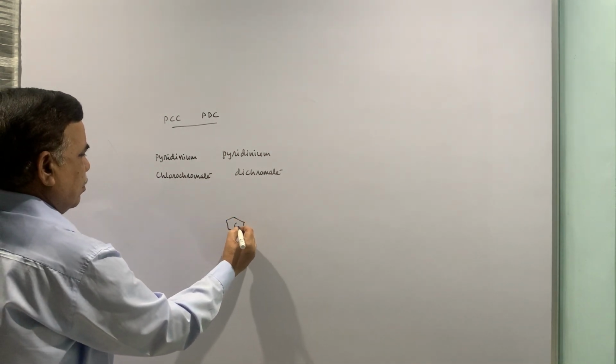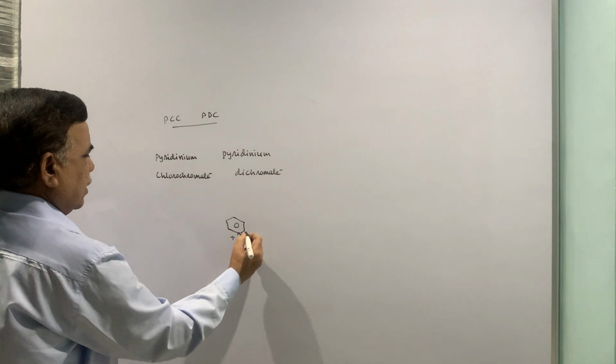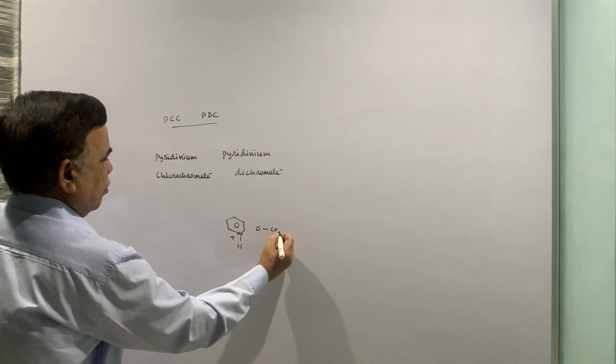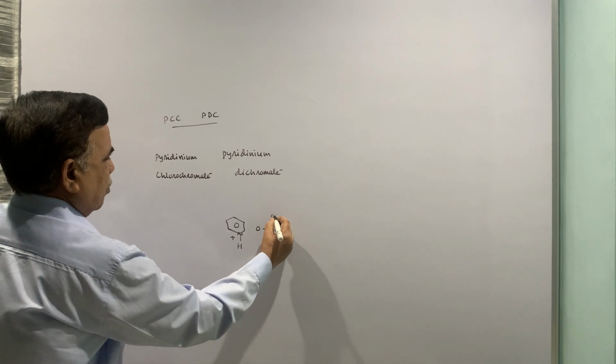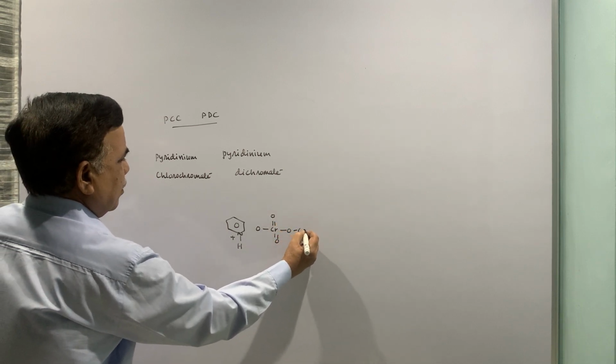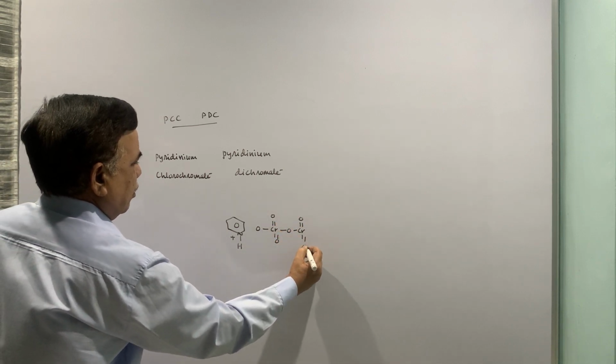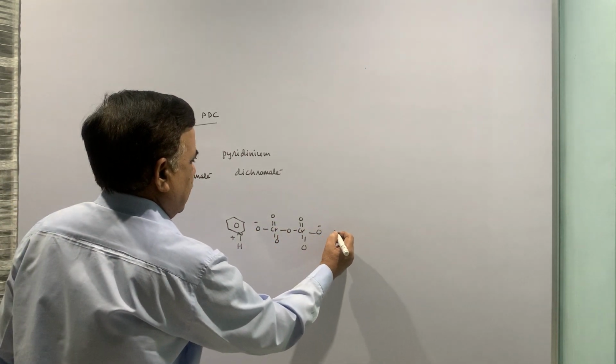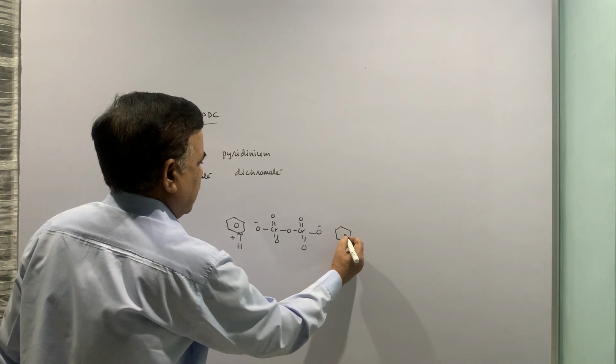So, NH plus and then it will be O, the same thing what you look at, this O minus and here it is pyridinium plus.